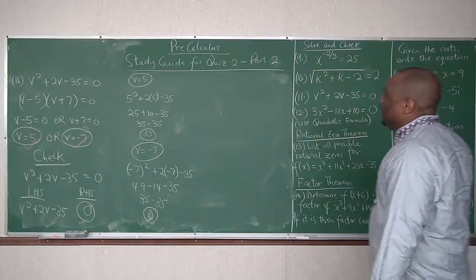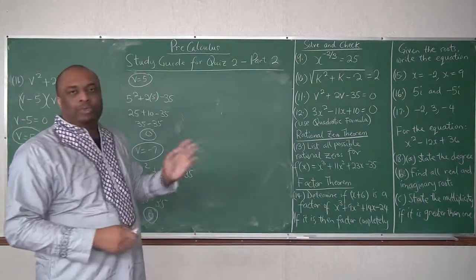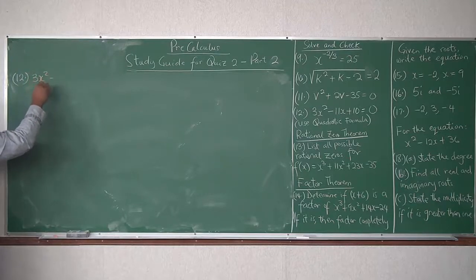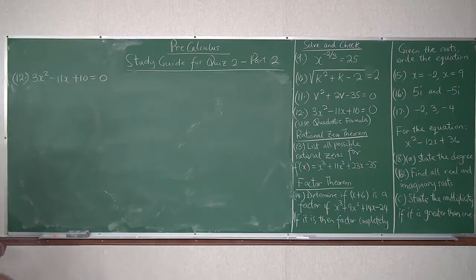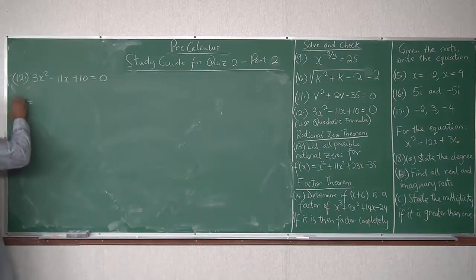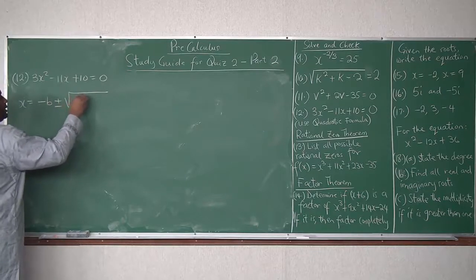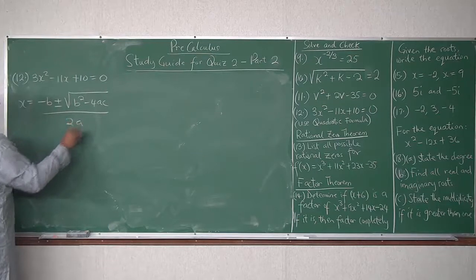All right, folks. The next one is number 12, and we are going to use the quadratic formula to do it. Question 12: 3x squared minus 11x plus 10 equals 0. The quadratic formula is x equals negative b plus or minus the square root of b squared minus 4ac, all over 2a.